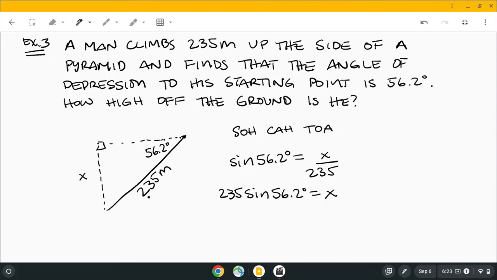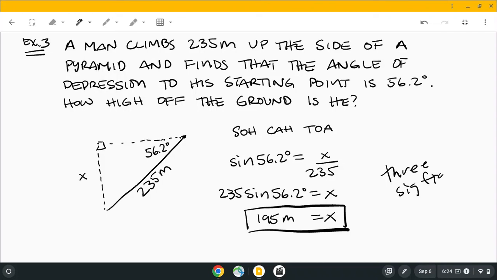Right here we have 3 significant digits, so our answer should have 3 significant digits. When you punch this in, don't take all of it. You only need 3 significant digits. So x equals 195 meters. We only need 3 sig figs, and we know that because right over here we have 3 significant digits.